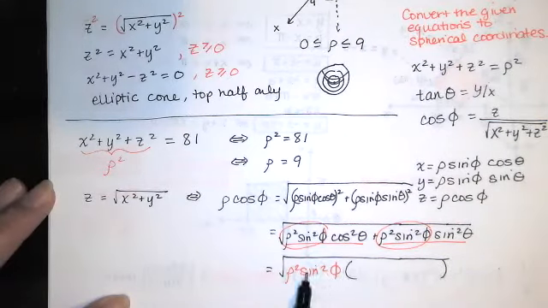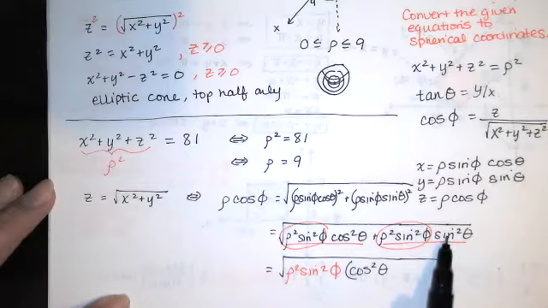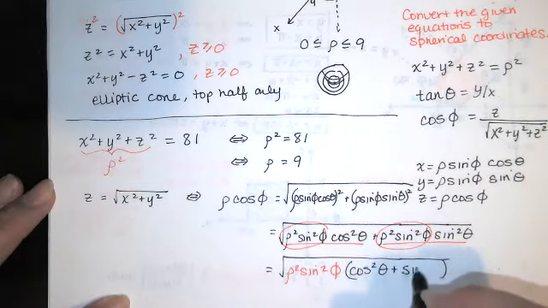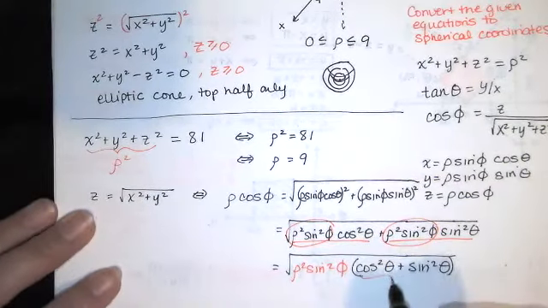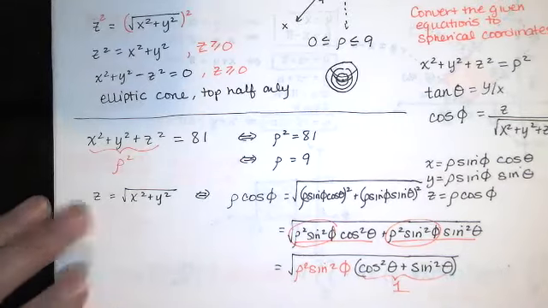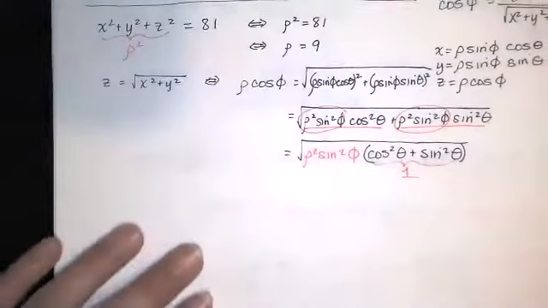We say to ourselves, this times what gives us the first term? Well, this times cosine squared theta gives us the first term. And then we say this times what gives us the second term? That times sine squared gives us the second term. And looky here. Sine squared plus cosine squared, same angle, that's going to give us a 1.